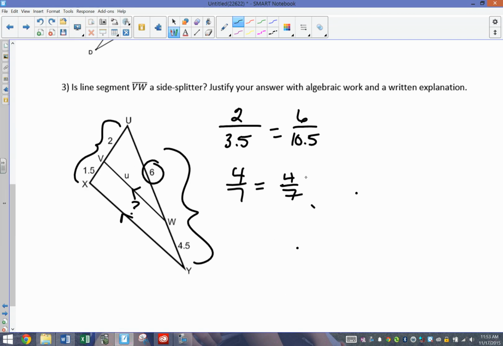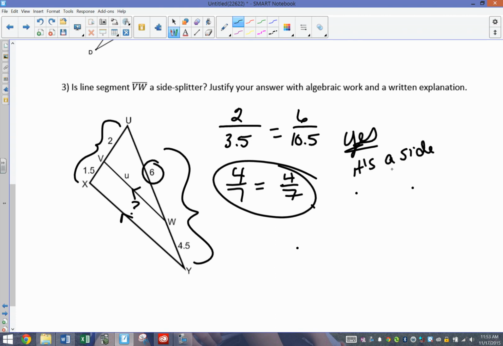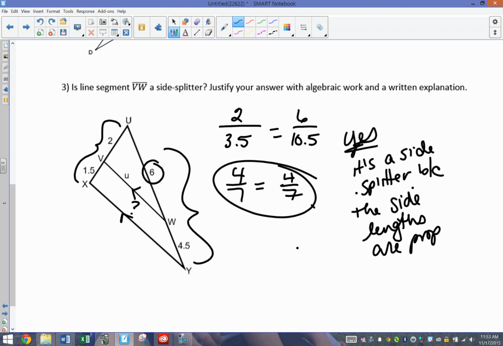Since 4/7 equals 4/7, yes, it's a side splitter because the side lengths are proportional. Okay? I know that's messy handwriting. It says proportional. Just trust me on that.